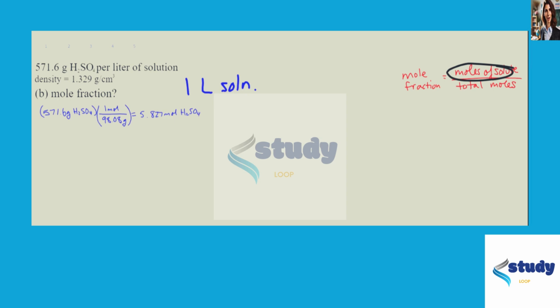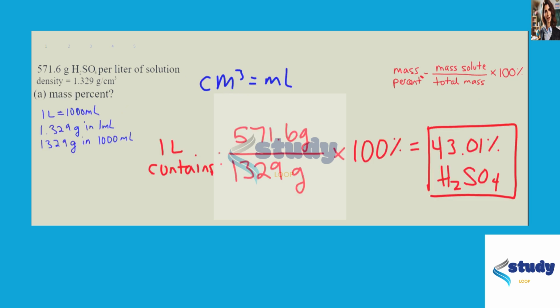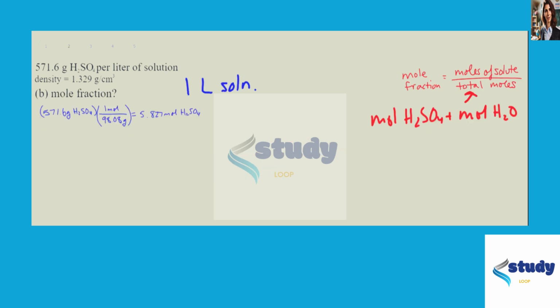Next, we need to find the total moles. And so the total moles is going to be moles of H2SO4 plus moles of water. How are we going to find that? Well, we know already from our work up here that if I have 1 liter, I'm going to have a total of 1,329 grams.